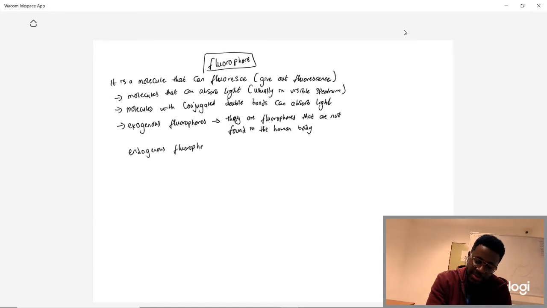An example of an exogenous fluorophore is ethidium bromide. We already talked about ethidium bromide, in the last topic, electrophoresis.